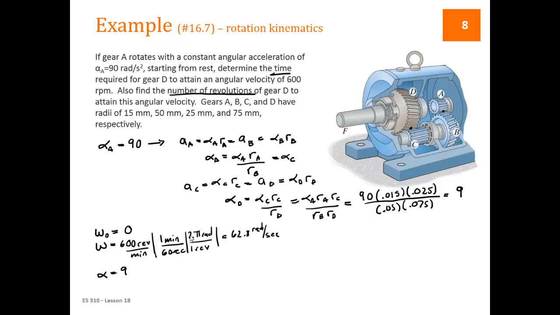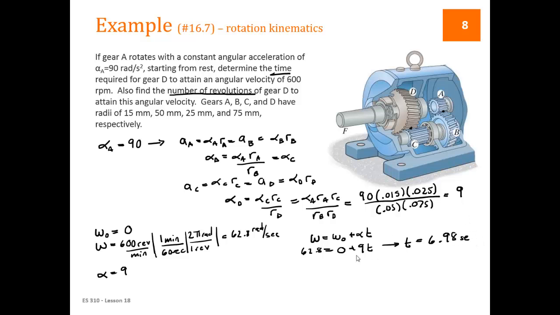All right, so the first equation was omega equals omega naught plus alpha t. So that's equal to 0. This is 62.8 plus 9 times t, which gives us a t equal to 6.98 seconds.